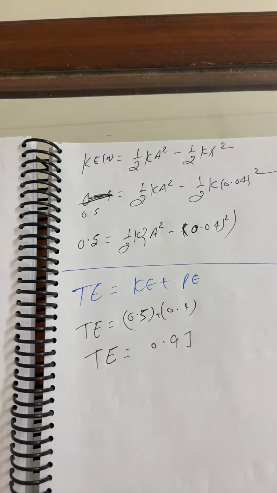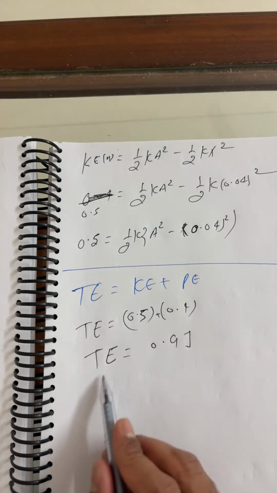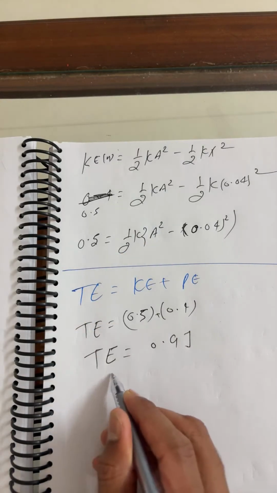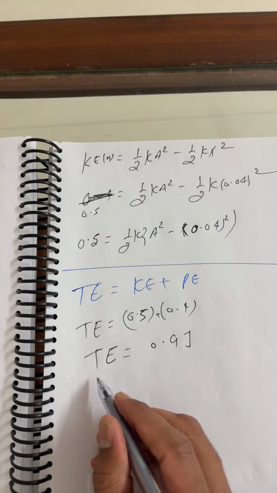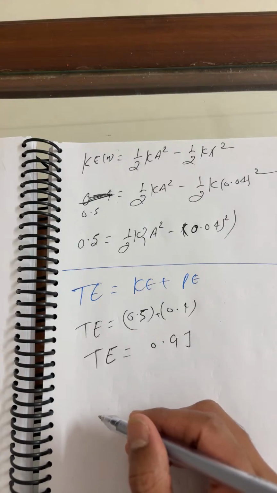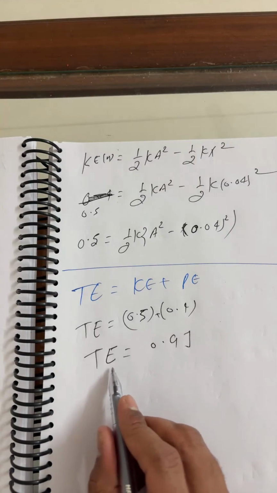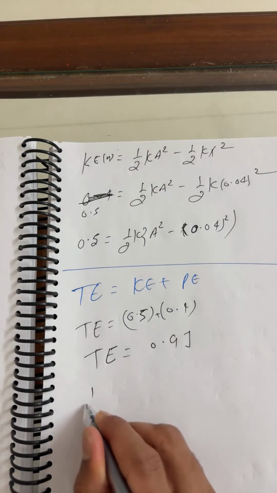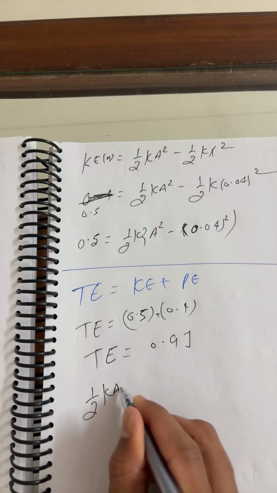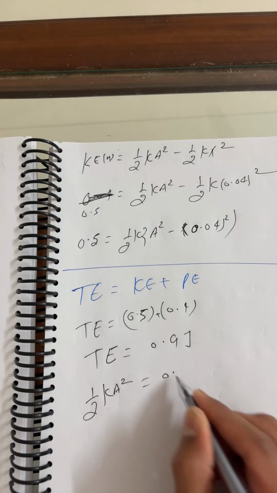Now, total energy as a function of x, what is it? After the derivation, total energy is half k a square, and this is 0.9.